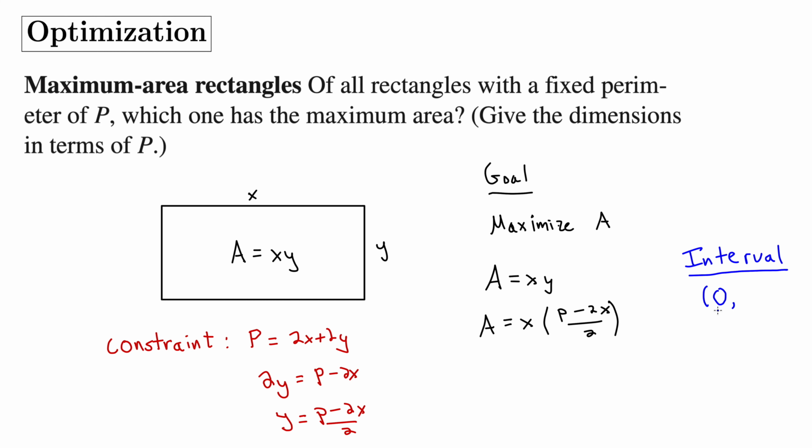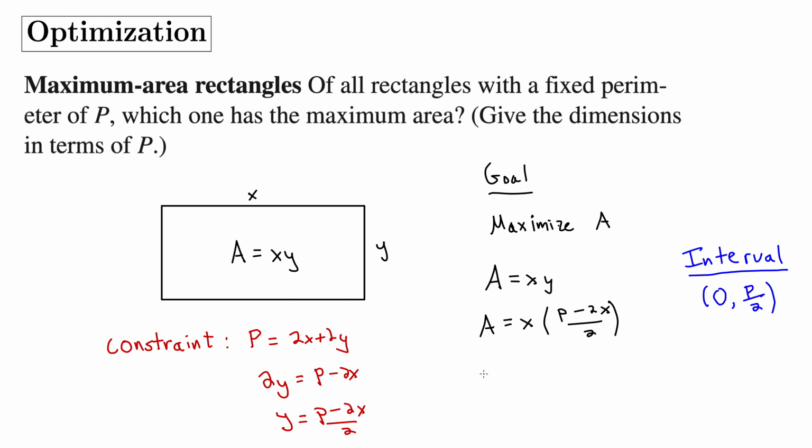So I'm going to do an open interval from 0 to, and it would be, again, absurd for it to be 0, and then p over 2 is another one, right? Then it's just half the perimeter is X. So if X was p over 2, that would collapse our entire rectangle again, and we have basically just one very long, flat nothingness. And we have to ask, was it useful to really think about those? Maybe, maybe not. Let's move on with our derivative.